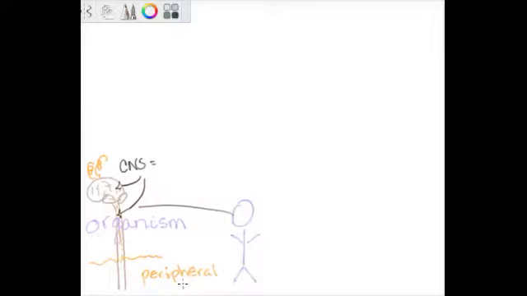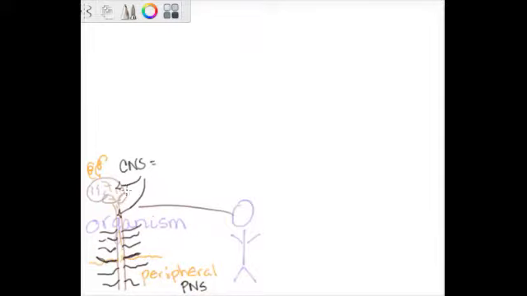The peripheral nervous system, PNS, are all the nerves that then branch off of the central nervous system from the spinal cord. So that nervous impulse is going to get transferred along this pathway, along this nerve, and maybe it's going to go on both sides, and this guy, let's say this is about his stomach, now he's going to be able to do some crunches, let's say.